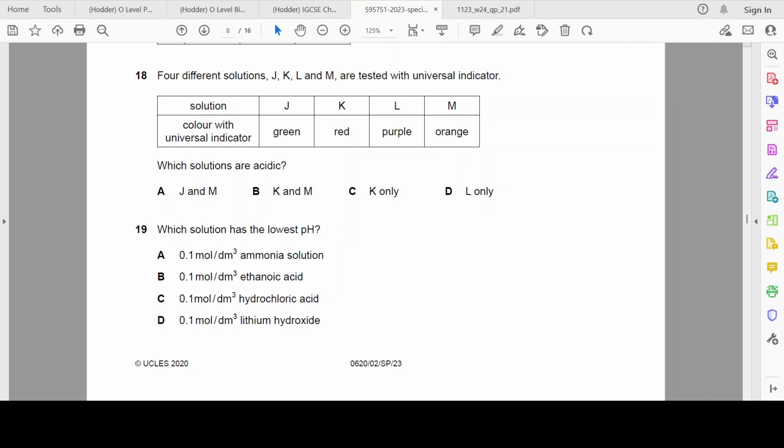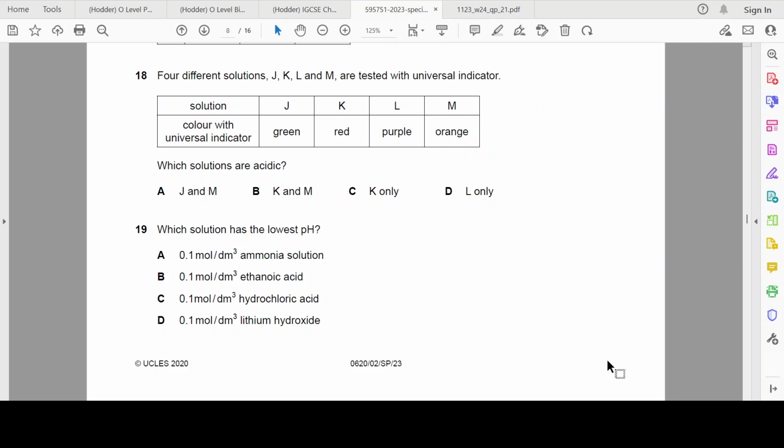Okay. Question 19: which solution has the lowest pH? Lowest pH meaning it is most acidic. Which of these is most? C or D? C or B? B. D. How can lithium hydroxide be acidic?